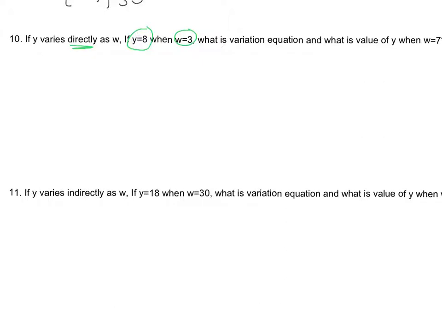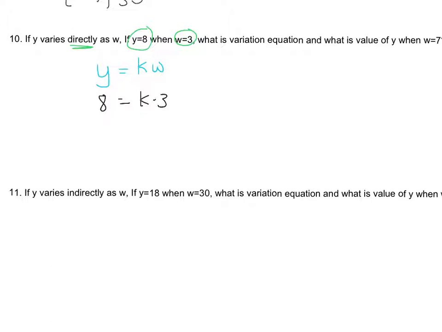So when I see this word w, or directly, right away I know that means y equals k times, in this case, w. Could be any variable. So y is going to equal some number times w for all y and w. So the goal is to first find what that k is. I know 8 is y, and I know w is 3.